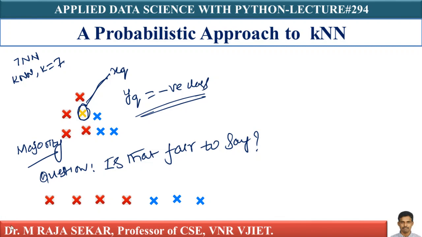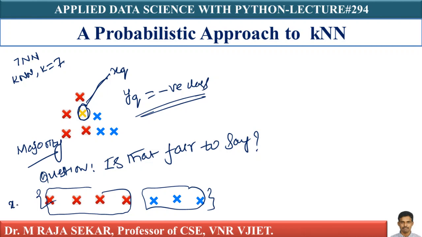Let me say this. How many points are positive points? These 3 are positive points, and these 4 are negative, and these are the neighbors for my xq. These are the neighbors for my query point. When we apply 7NN for xq, we have 4 negative points and 3 positive points.